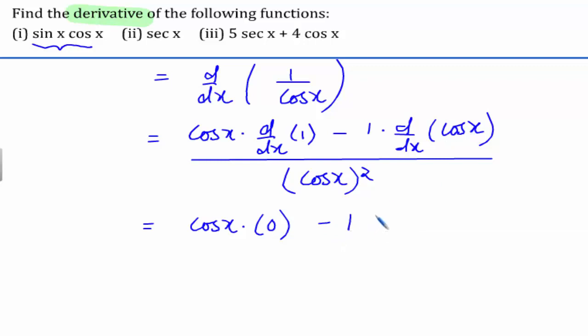Now this is equal to sin x divided by cos square x.